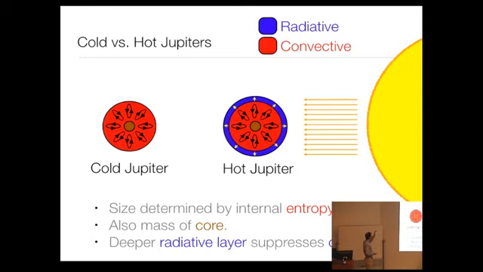So I'll start with a little background. What makes cold Jupiters different from hot Jupiters is that colder Jupiters are objects that are more or less fully convective up to their photospheres. But I will try to come up with a perfectly cromulent explanation for hot Jupiter radii.